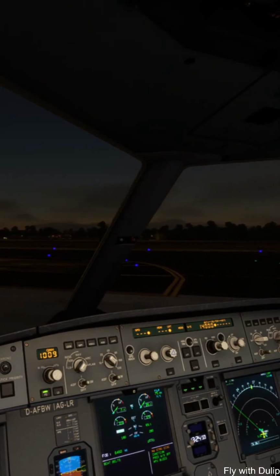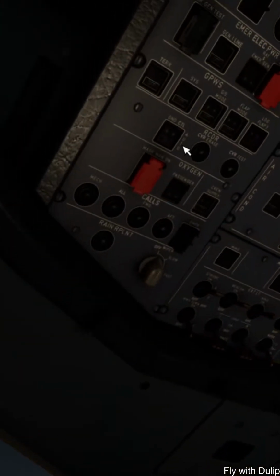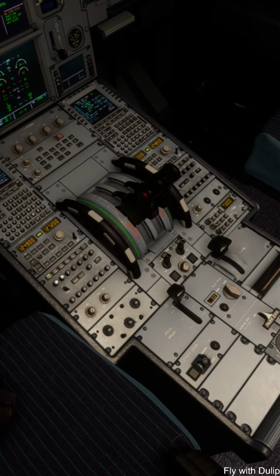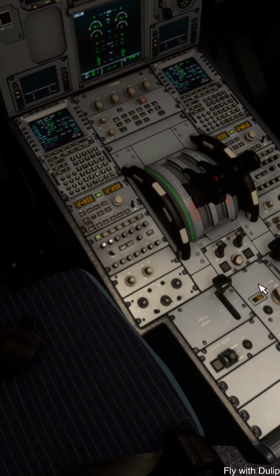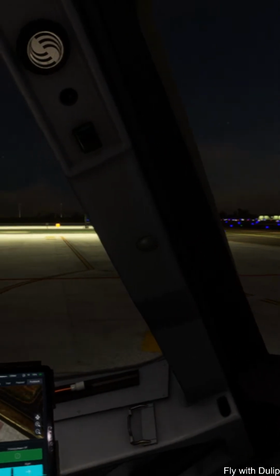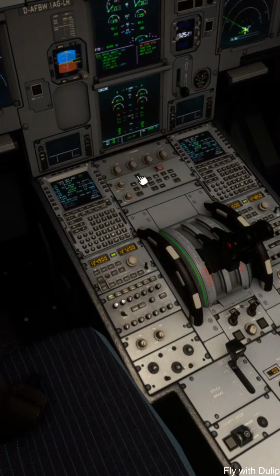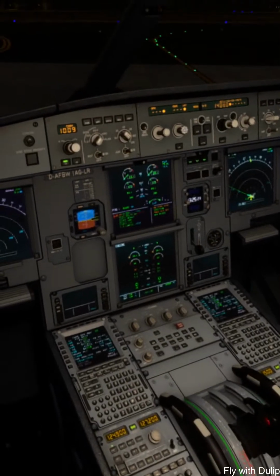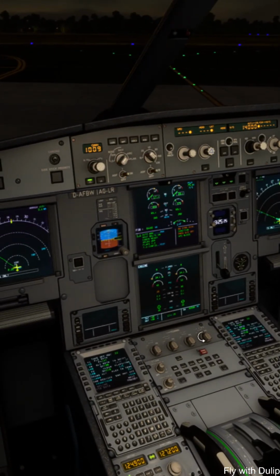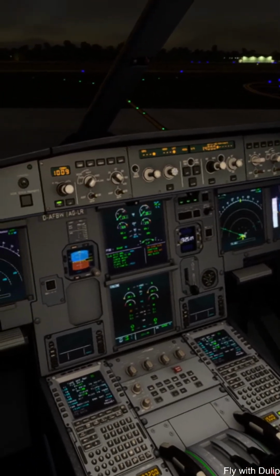Fasten seat belt signs on. And also we need to make sure takeoff flaps. Checking takeoff config. Flight attendants, please prepare for takeoff.